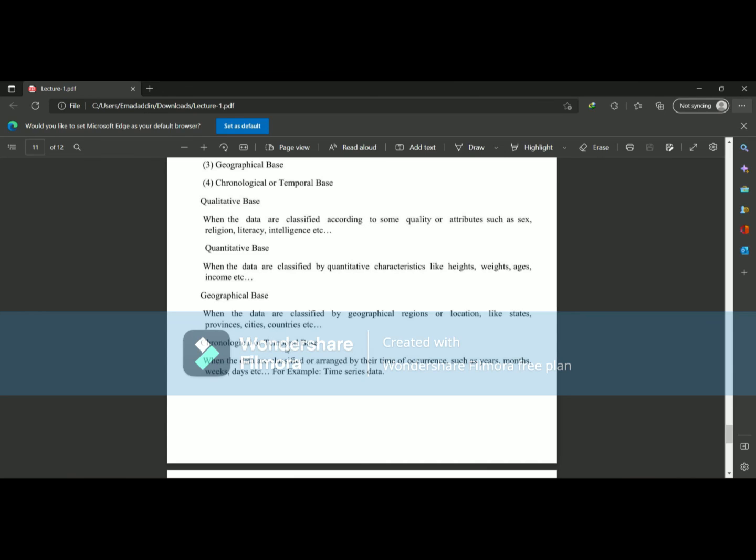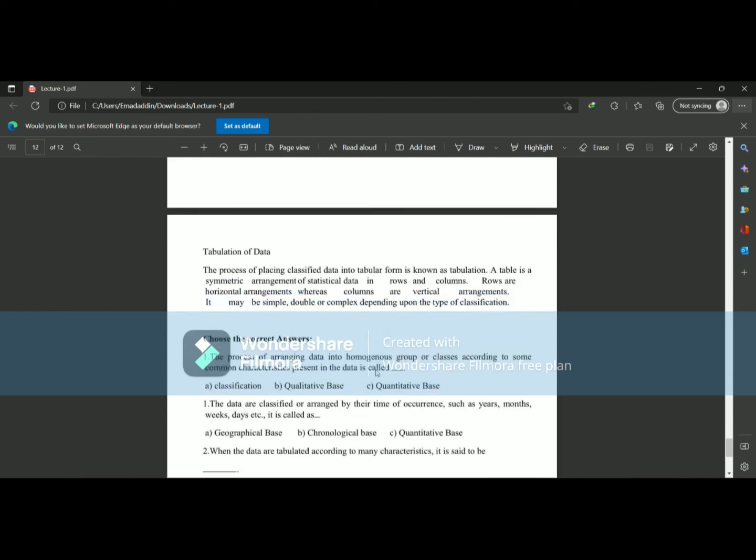Chronological or temporal: when the data are classified or arranged by their time, such as years, months, weeks, days, etc. For example, time series data. Tabulation of data: the process of placing classified data into tabular form is known as tabulation.